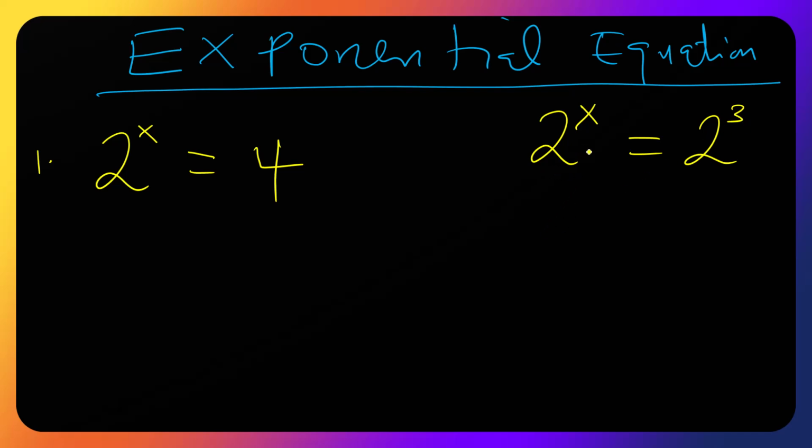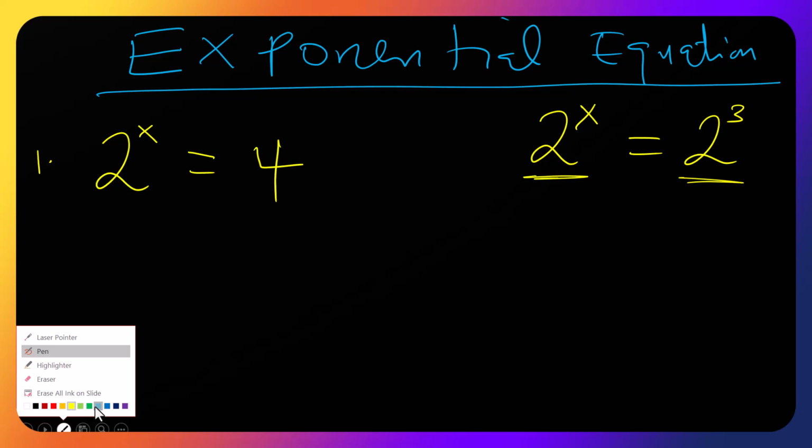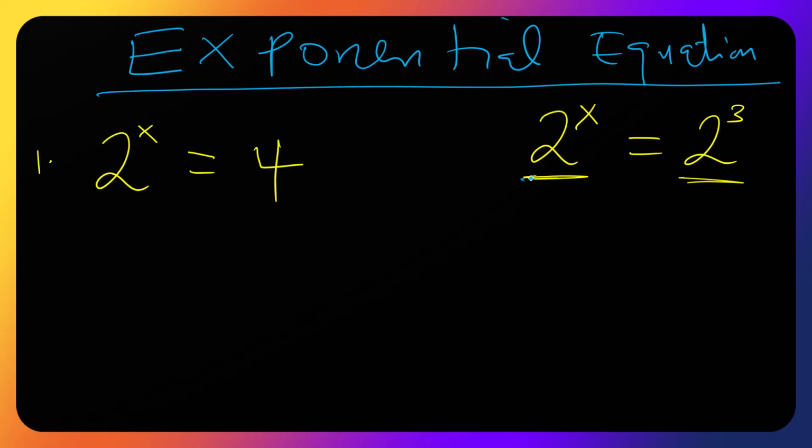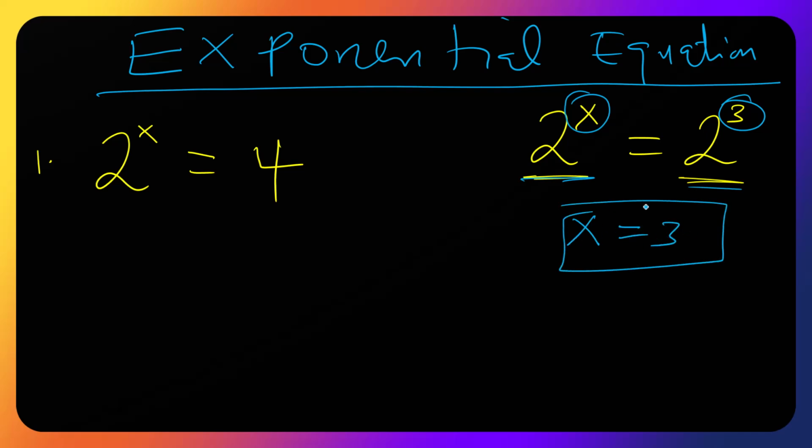Before we can solve for x, we have to make sure the bases on both sides are the same. So always make sure you check that. So we have 2 here, 2 there. Therefore, I can conclude that x equals 3. So since the bases are the same, we say x equals 3.